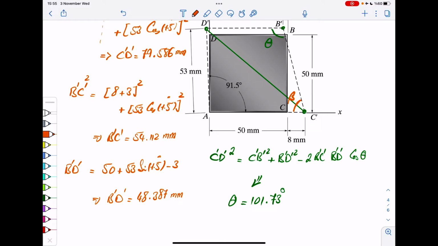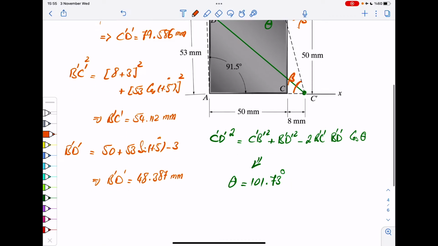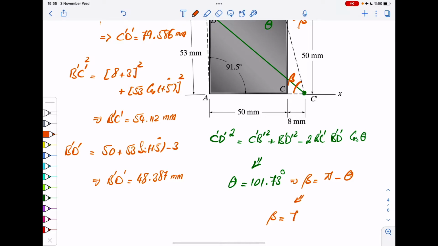So that you also subtract it from 90 degree or pi over 2, and you would say that's shear strain. But that's easy because we know this is horizontal, so beta and theta are both together making 180 degree. So beta is nothing but pi minus theta, let's say in radian. And in terms of degrees, that means beta is 78.27 degrees. Does that make sense?